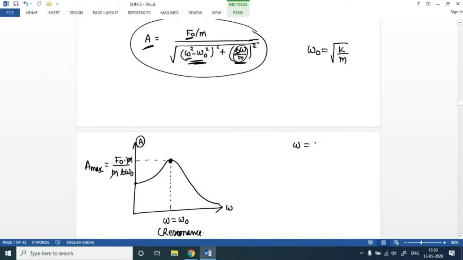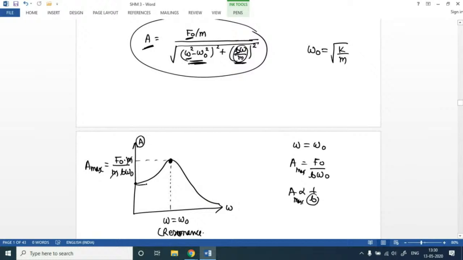At omega equal to omega naught, we have already seen that A is nothing but F naught upon b omega naught. So A is inversely proportional to b. If b is smaller, A max will be large, and if b is large, A max will be small.